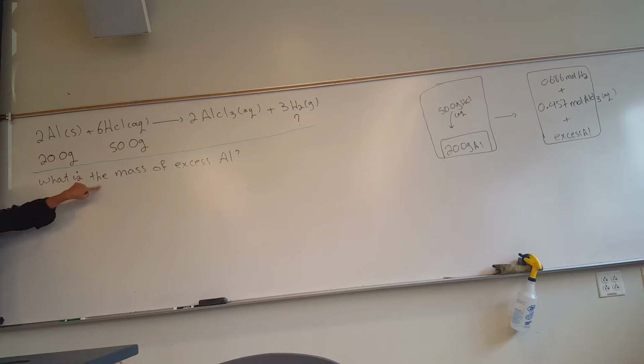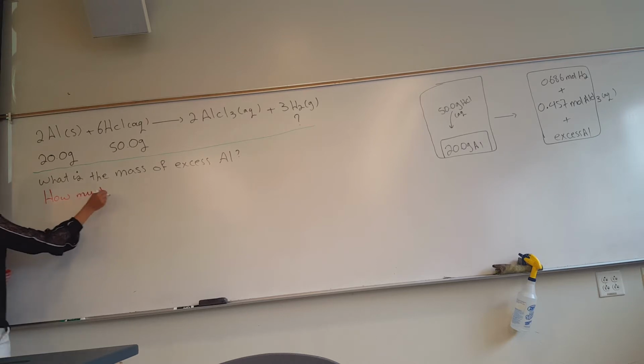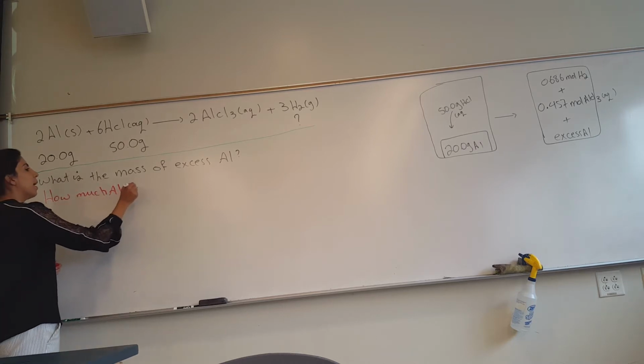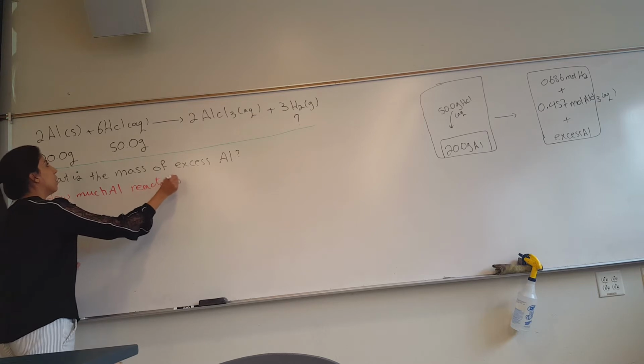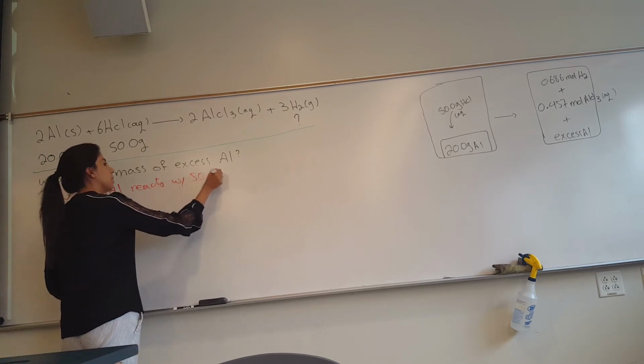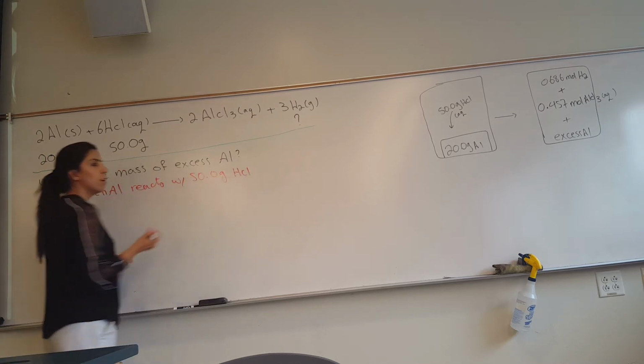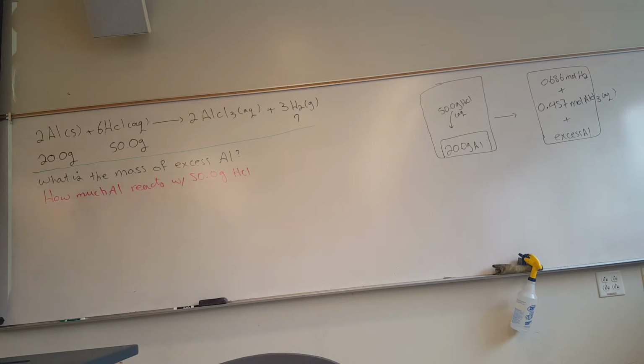So to find the excess aluminum, our first step is to find out how much aluminum reacts with 50 grams of hydrochloric acid, or how much aluminum I need in order to consume these 50 grams of hydrochloric acid completely. So how do I do this?